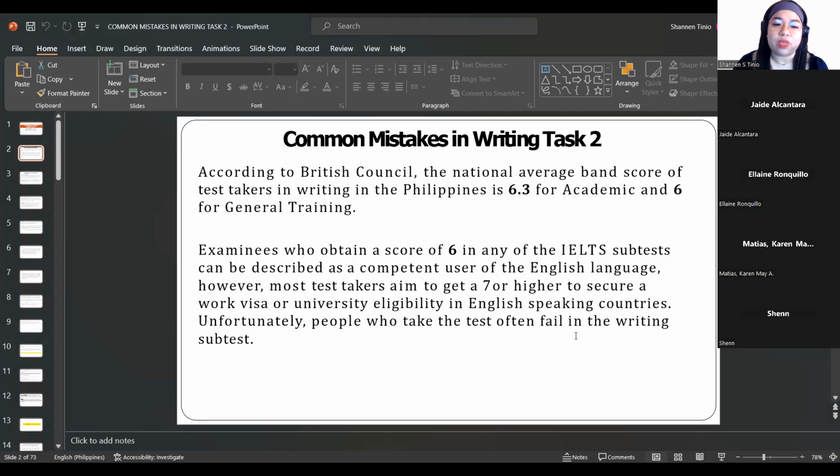So we can assume that the writing subtest is a nightmare for everyone. That's sad. However, to avoid being in that situation, of course, you have to prepare. As the saying goes, preparation is always key.